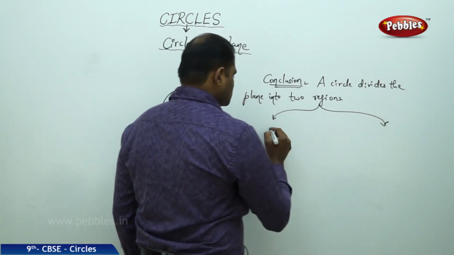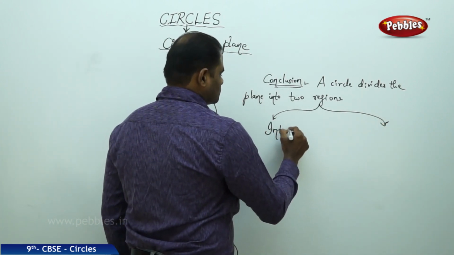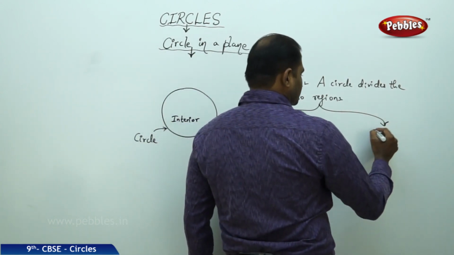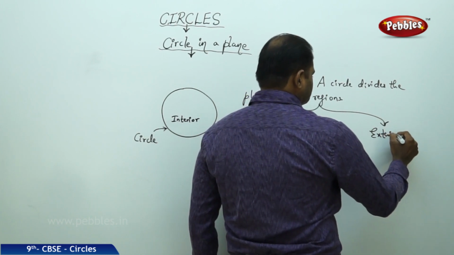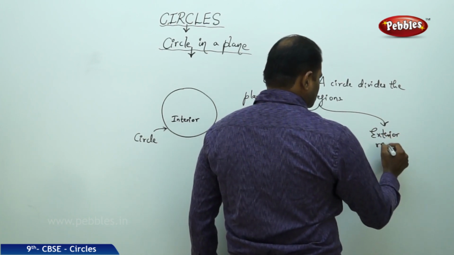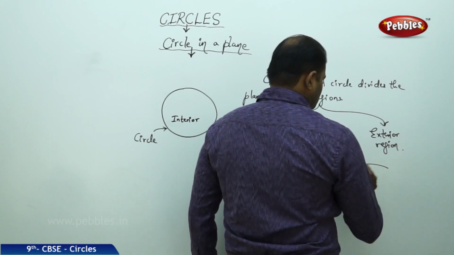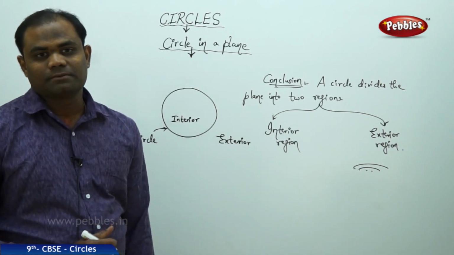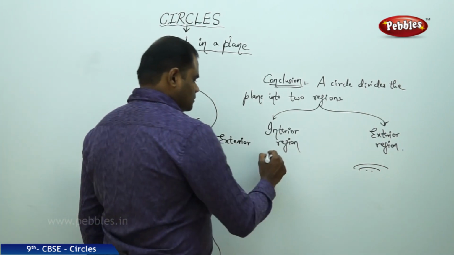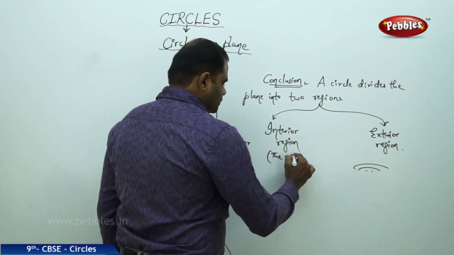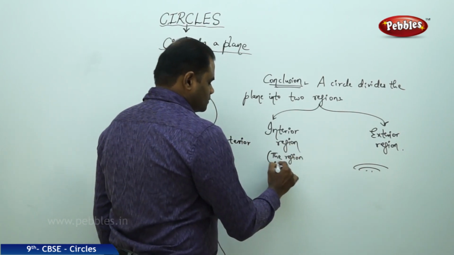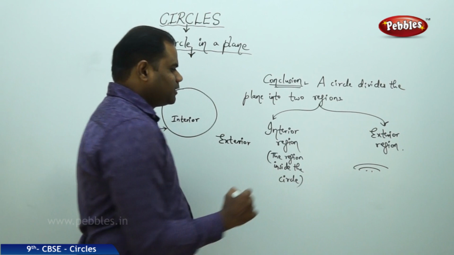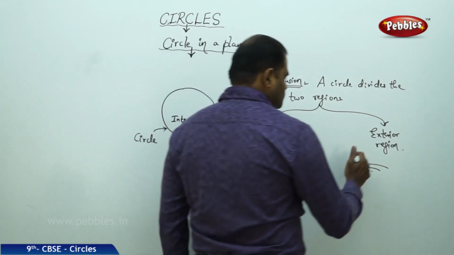One is interior region and the other is exterior region. Interior and exterior region. The region inside the circle refers to the interior region. And the region outside the circle refers to the exterior region.